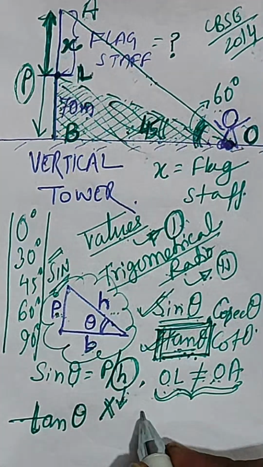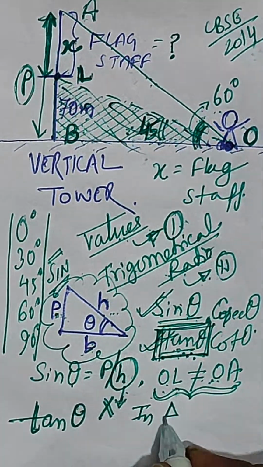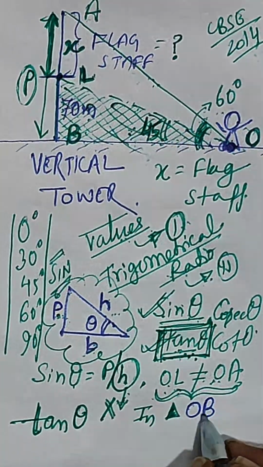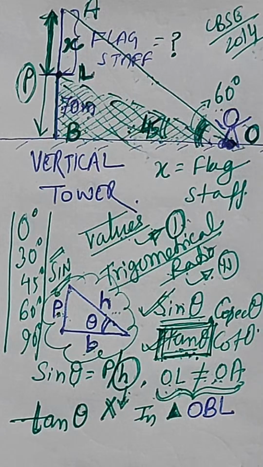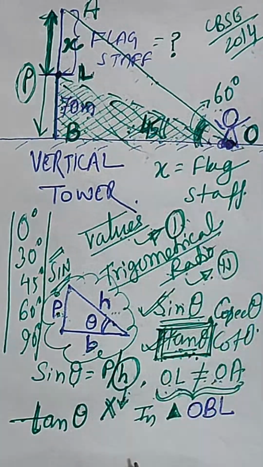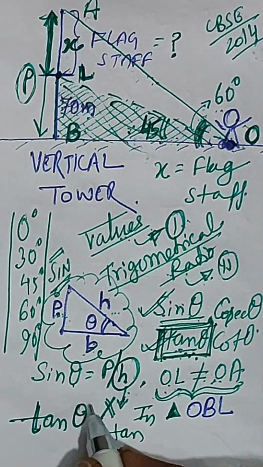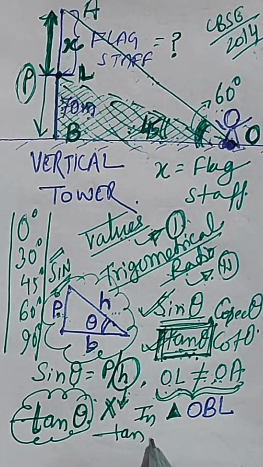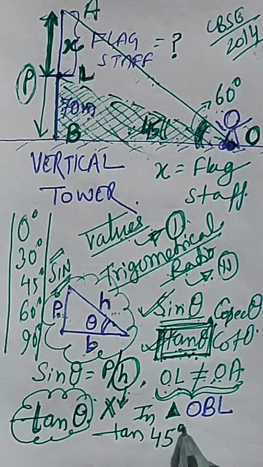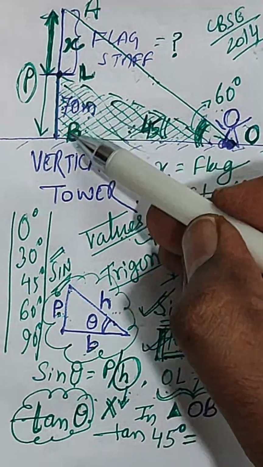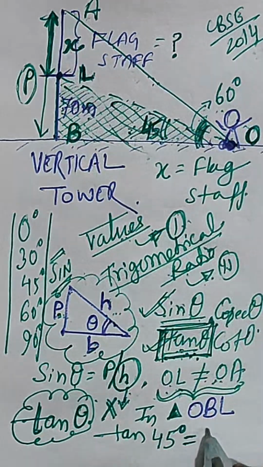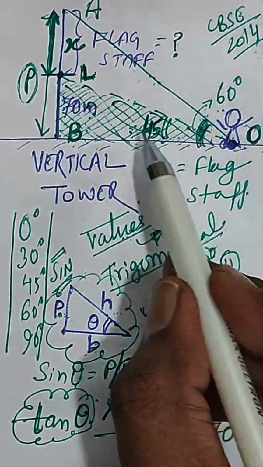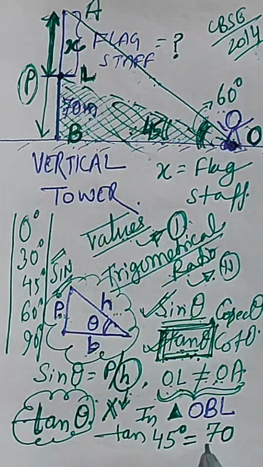So I am writing, in triangle OBL, tan of 45 degree, because it is decided that we are going to use tan only, is nothing but BL, which is given to you as 70 meter, divided by BO.